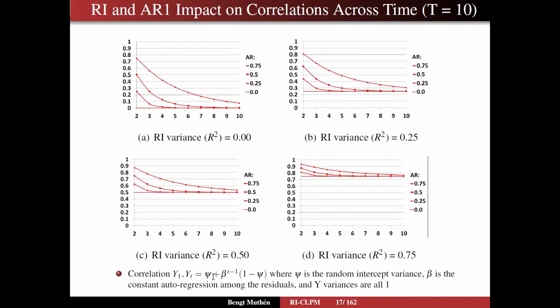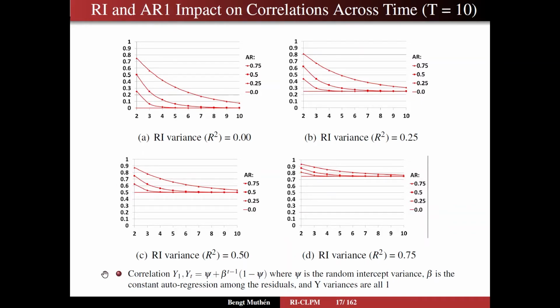So the contribution here above the random intercept contribution is beta times 1 minus psi. And beta is 0.5 here, and psi is 0.5, so 1 minus psi is 0.25 as well. So the product is 0.25. So 0.5 plus 0.25 comes up to 0.75. And you can test that for the other cases as well.